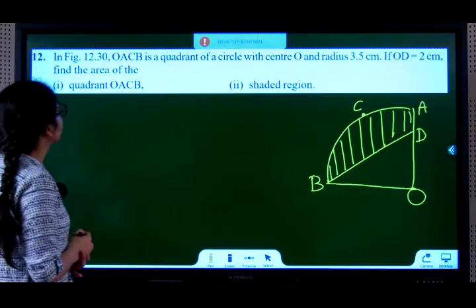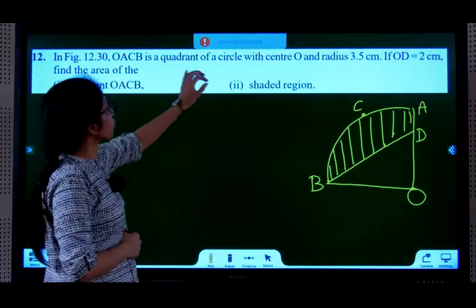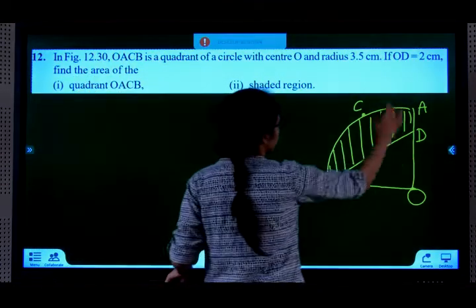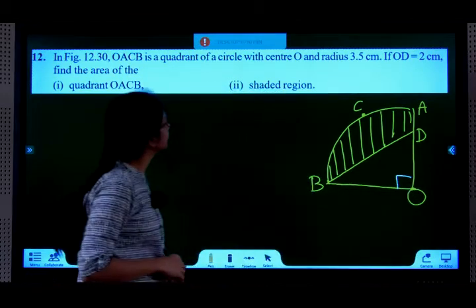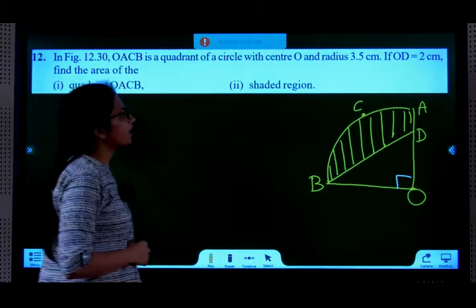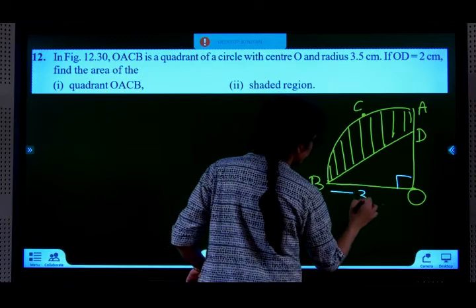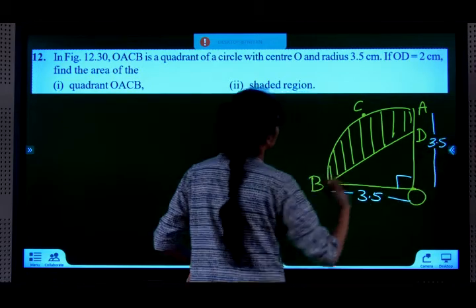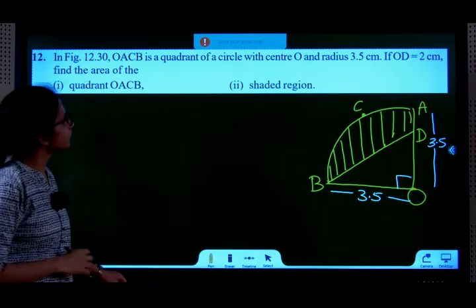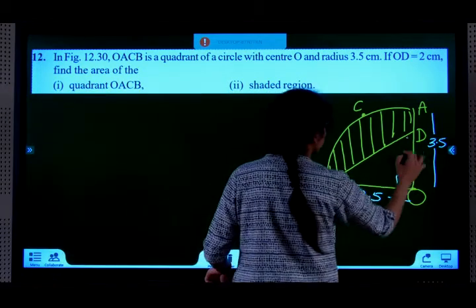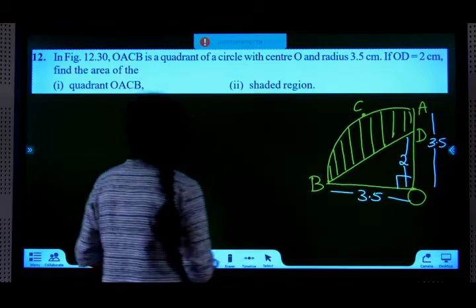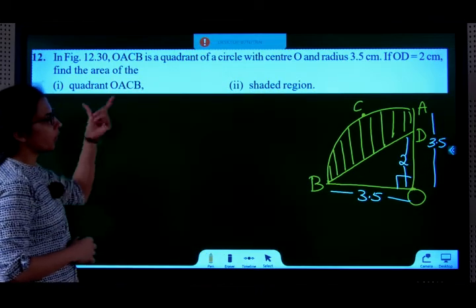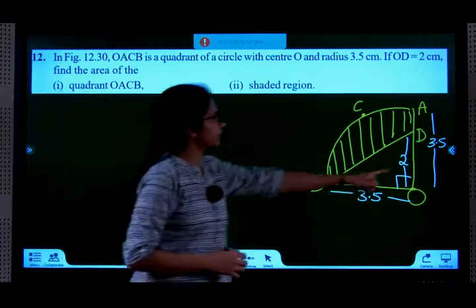Question 12. In the figure, OACB is a quadrant of a circle with center O and radius 3.5 centimeters. If OD is 2 centimeters, find the area of the quadrant OACB.